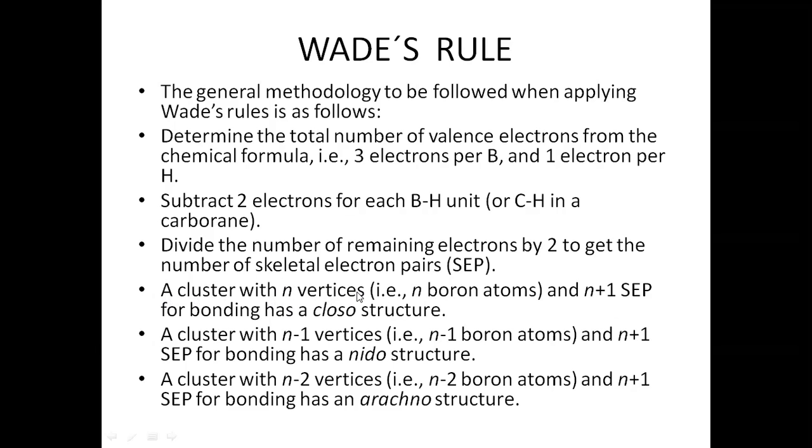If all vertices are occupied by boron atoms, then n, the number of vertices, equals the number of boron atoms. In that case n plus 1 equals SEP.